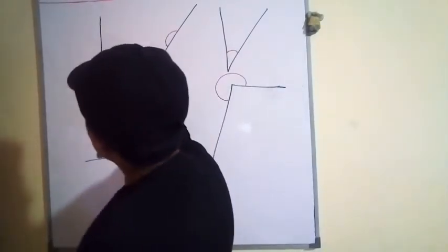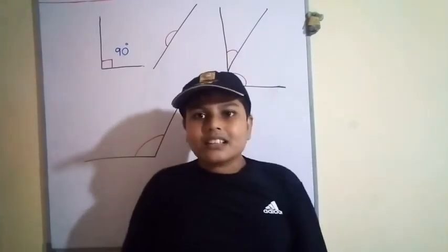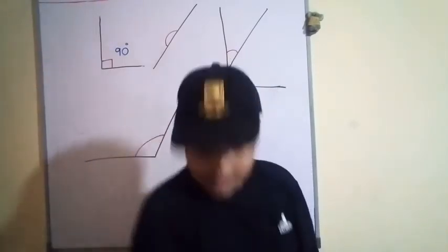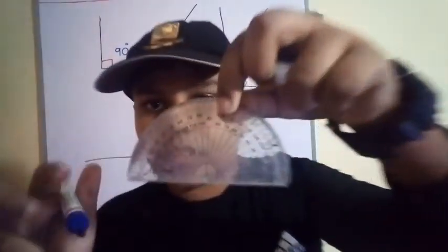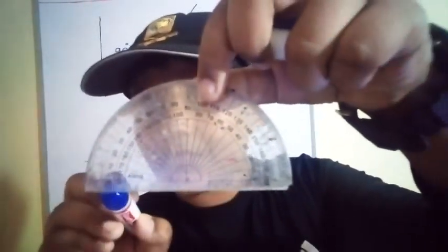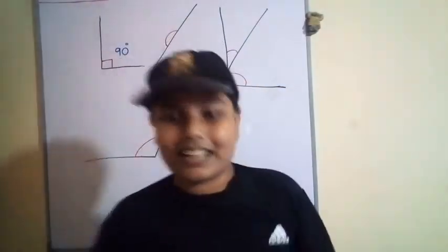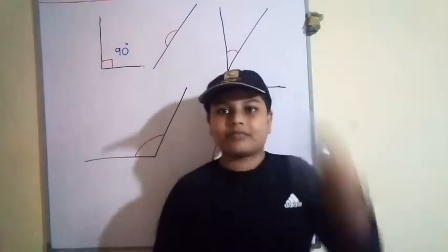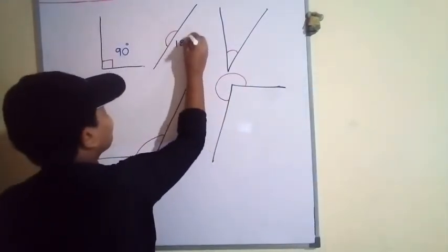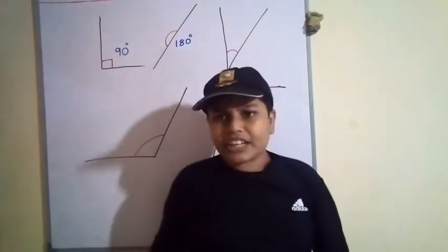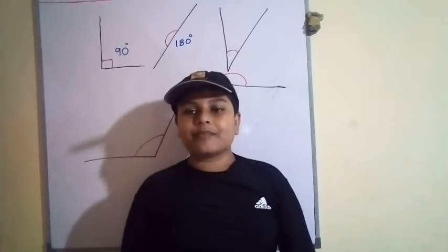Now, the straight angle: if you get the protractor, you have measured, this point is 0 and this point is 180 degrees. Now you have a line, that is the straight line. Any angle with a magnitude of 180 degrees is called the straight angle.